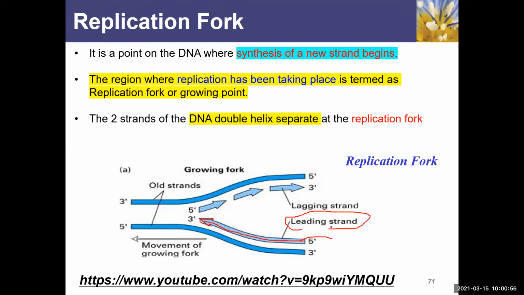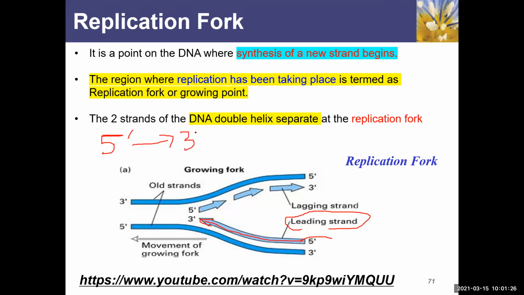So the question says, what is a leading strand? You will say that the leading strand is that strand of the DNA which is continuously synthesized. And one thing I want all of you to remember, that DNA synthesis always and always and always takes place in one direction, and that is 5' to 3' direction.